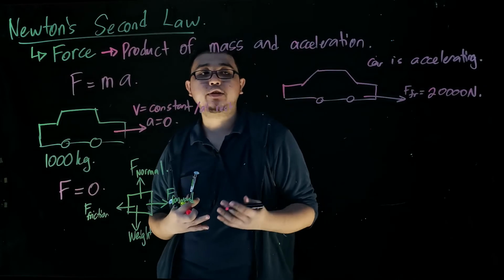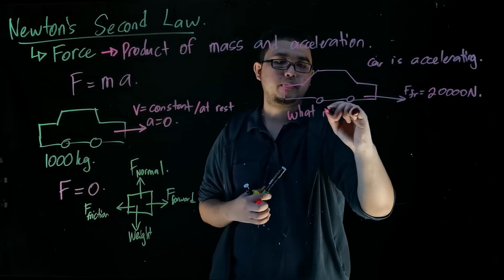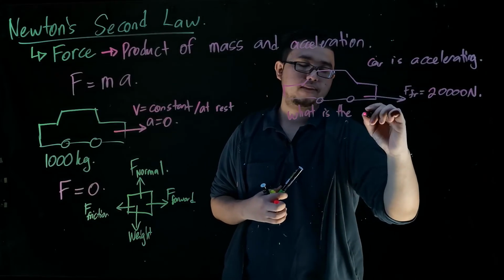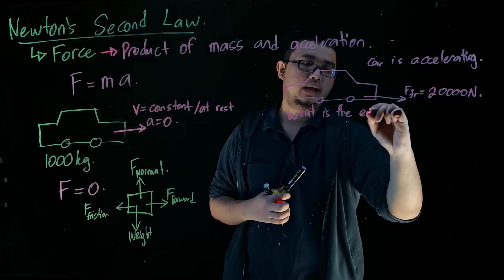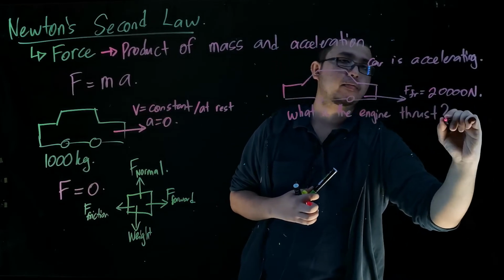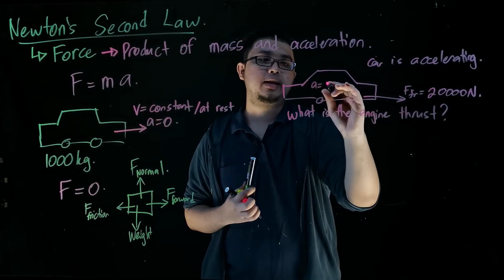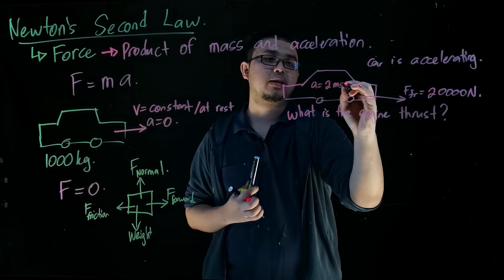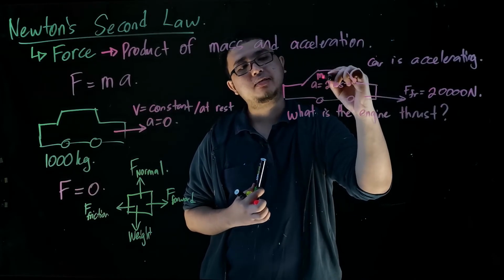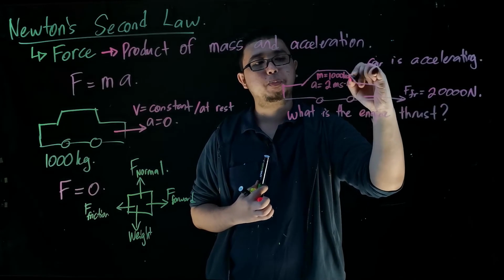Now, we want to know what is the engine thrust, given that this car is accelerating at 2 meters per second square and that its mass is 1000 kilogram.